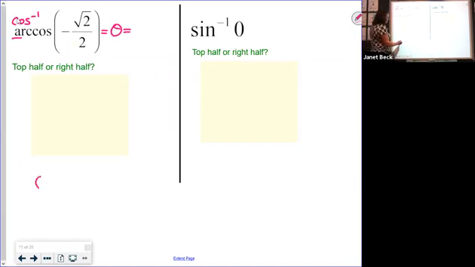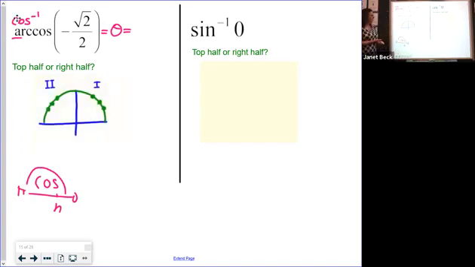Cosine is in the top half, from 0 to pi. So my answer must be one of these 9 angles. There's 9 possible angles: 3 quadrantal angles, 3 angles in the middle of quadrant 1, 3 angles in the middle of quadrant 2.